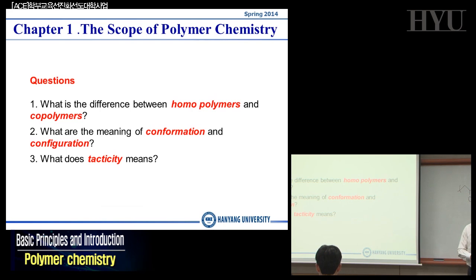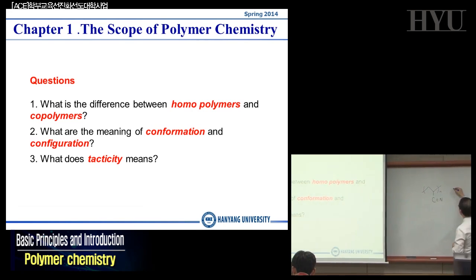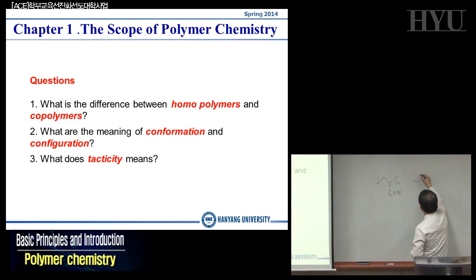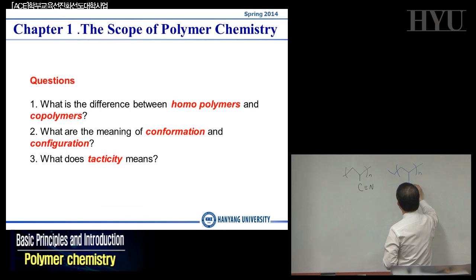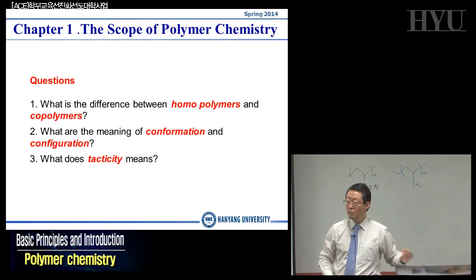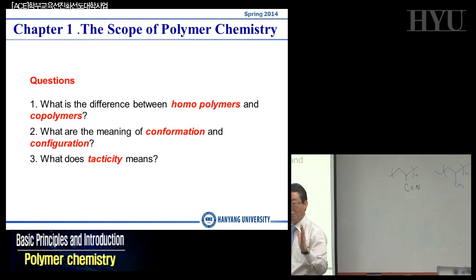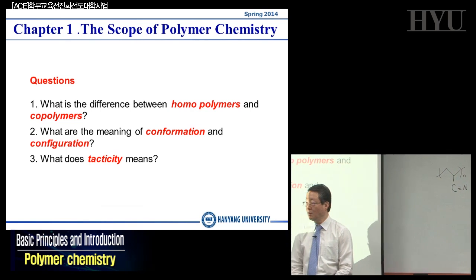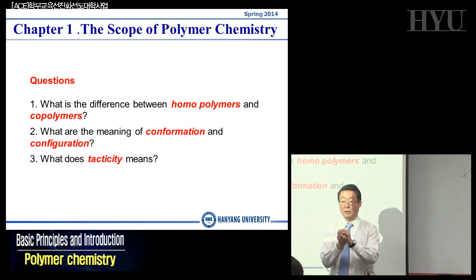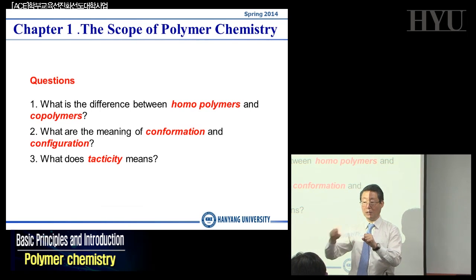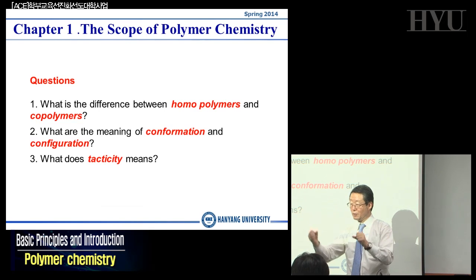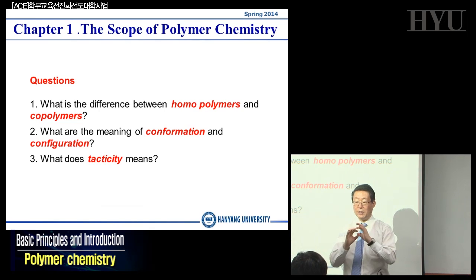Polypropylene has a chemical structure with a methyl group in this polyethylene unit. If you have a methyl group in every 2 carbons, it is a zigzag structure with a methyl group.